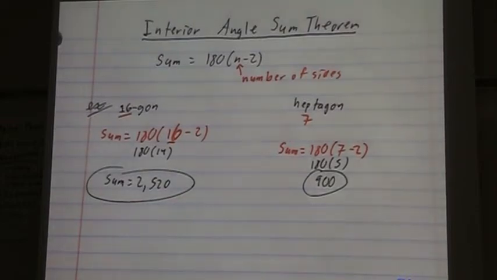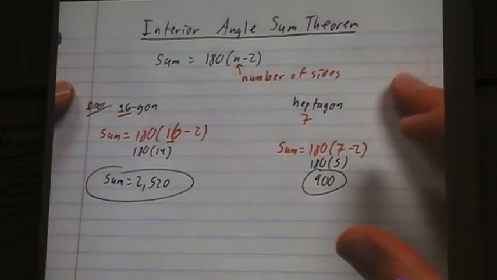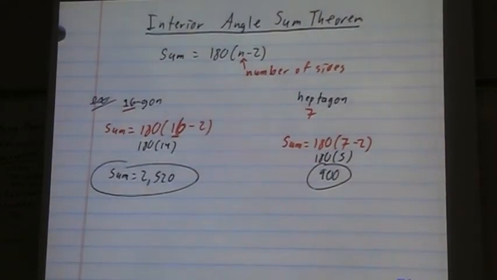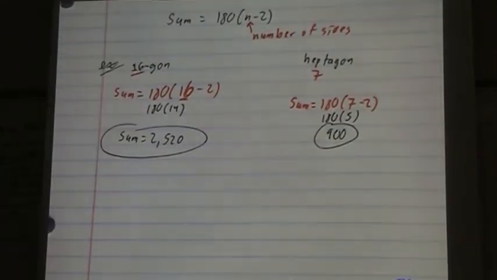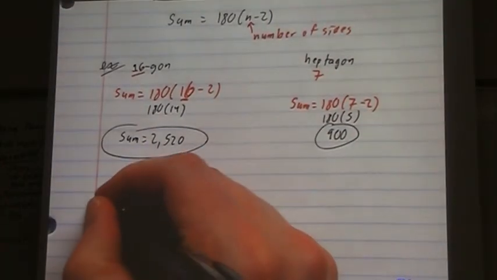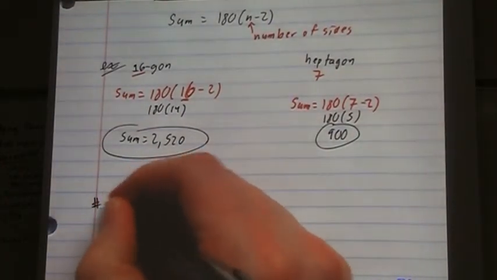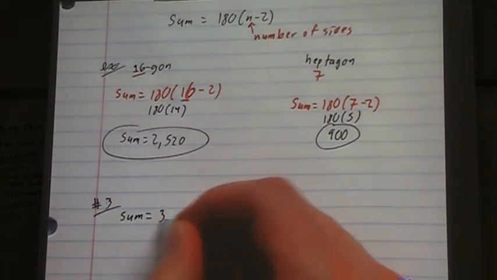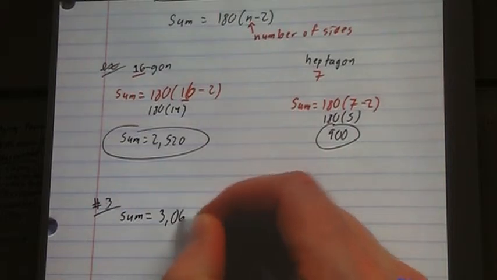Now, to kind of go off this formula, you can also work backwards. You might be given the sum and told to find the number of sides. So if we want to use this formula and I say, hey, look, your sum is 3,060.